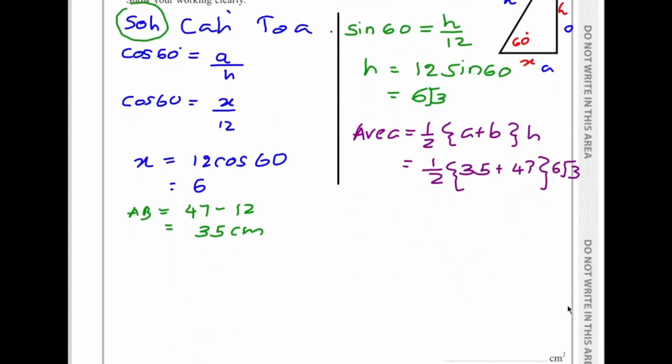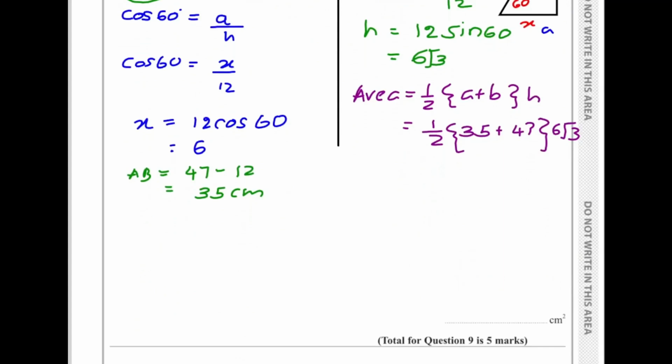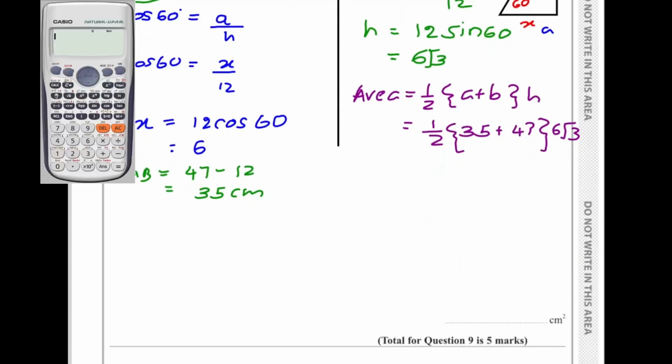So let's use the calculator again. Half into brackets 35 plus 47 into 6 root 3, which gives us 426.08.